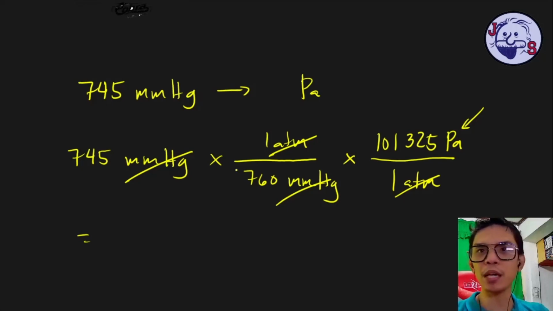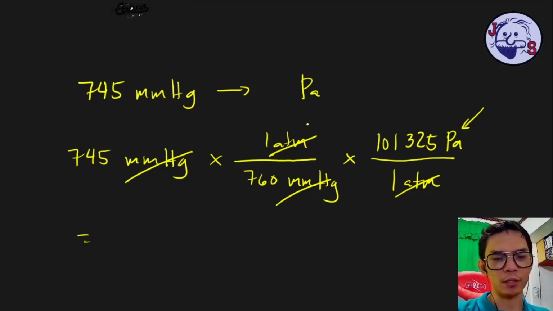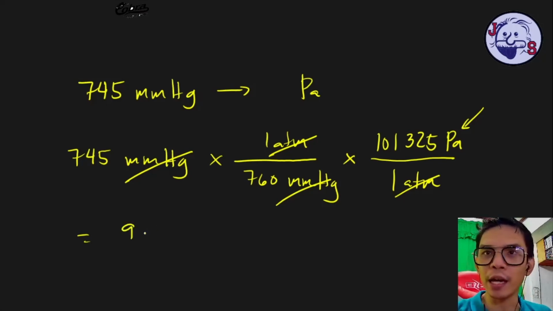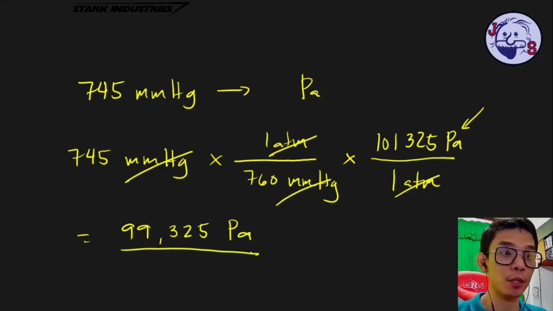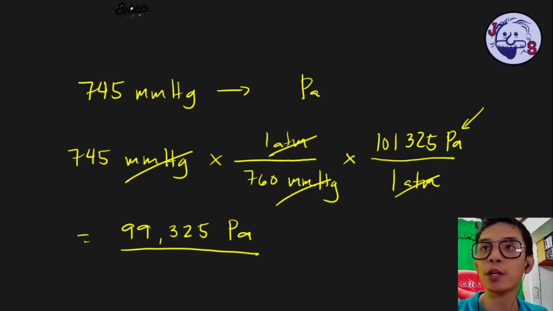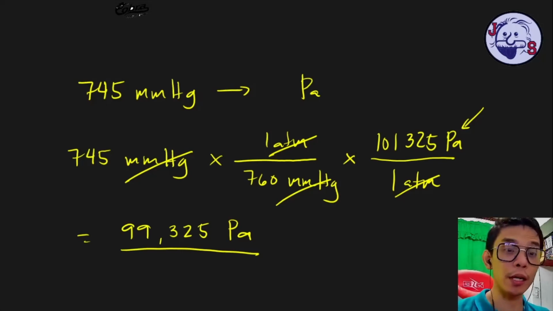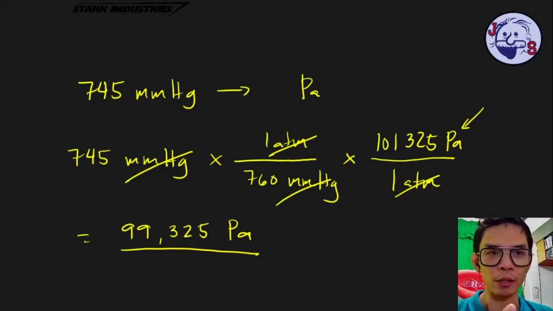The answer will be 99,325 Pascal. So that is the equivalent of 745 millimeters of mercury to Pascal. These are the conversion factors that you need to take note of.